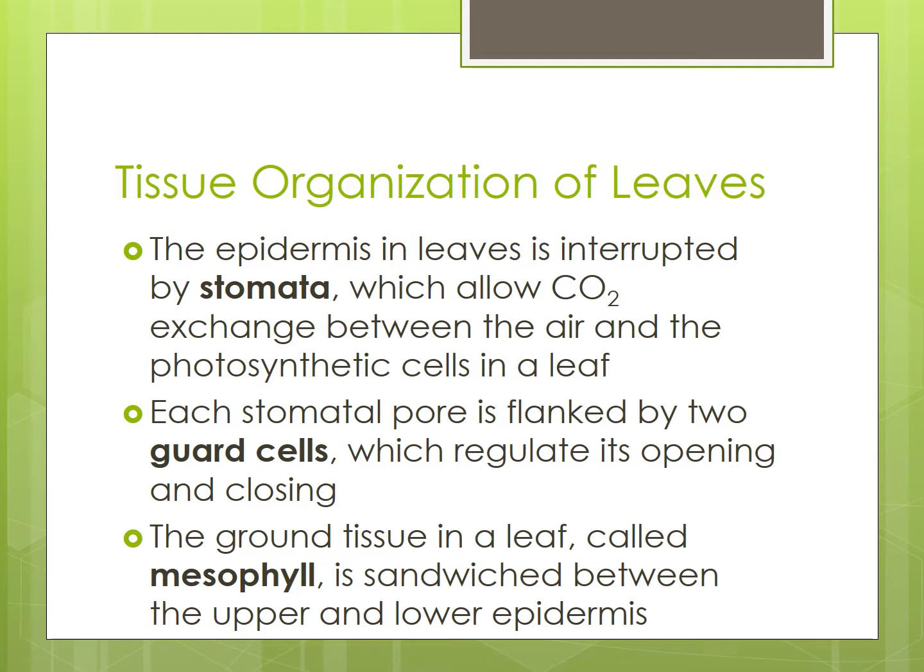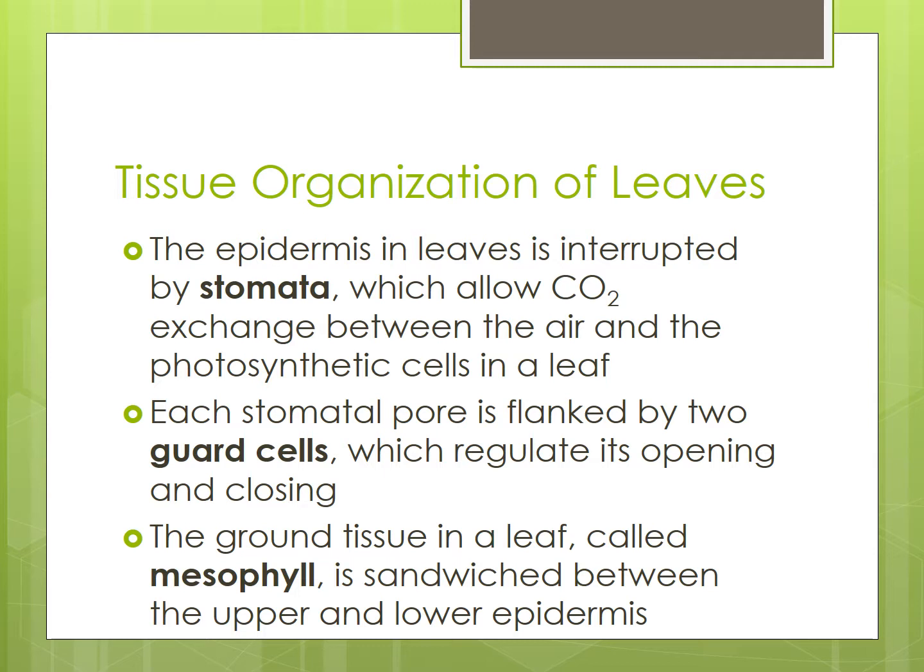Also, as evaporation occurs or transpiration occurs, water can also leave out of the stomata. We also have these cells that surround the stomata. They're called guard cells, and this regulates the opening and closing of that stomata.